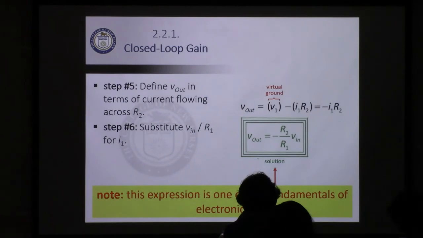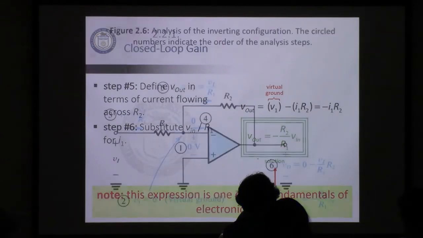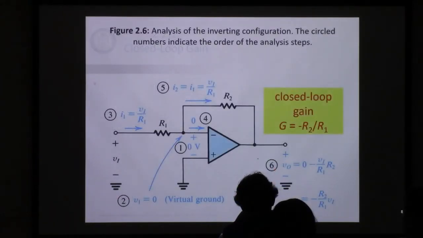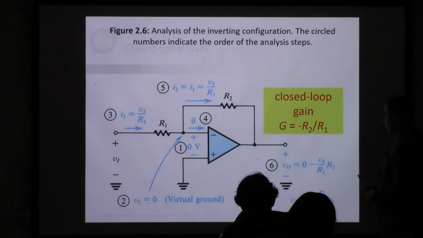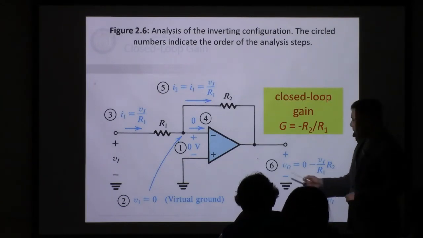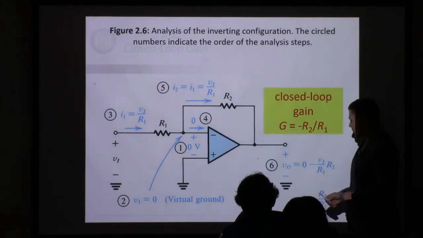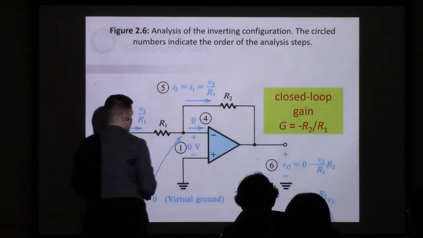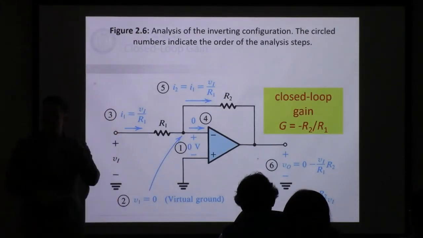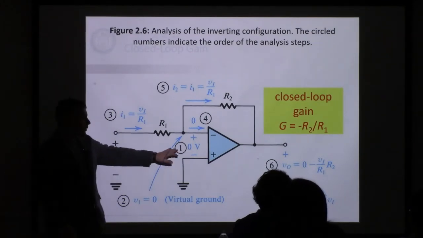Now this picture here does a really good job. It's one of the best pictures in the book. It does a really good job of showing you all the steps of what we just did. Again, V out, well, this is the output. We're going to follow the numbers because the numbers show you the steps. Step number 1, apply the virtual short.